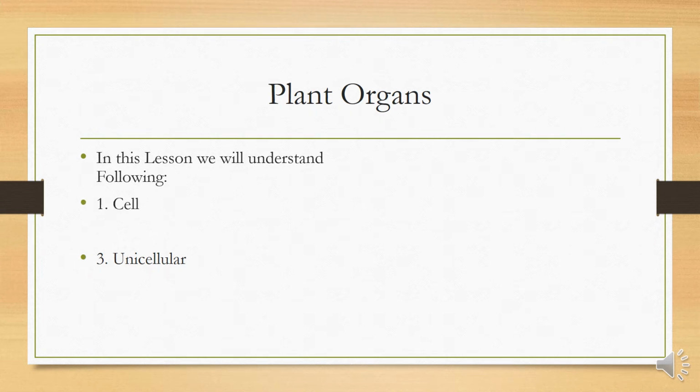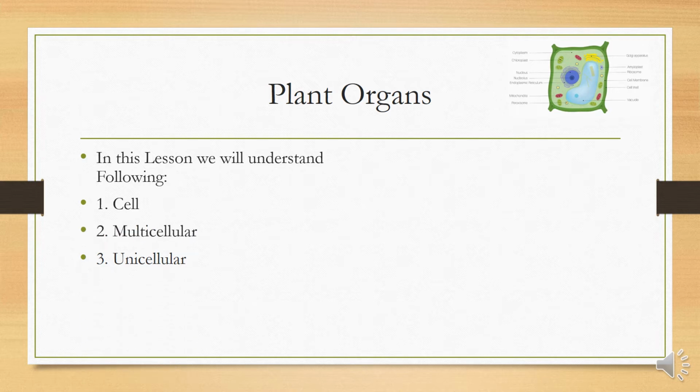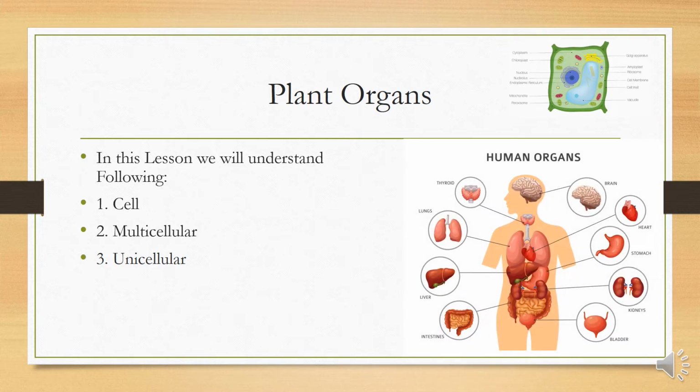In this lesson, we will understand the following. Number 1, cell. Number 2, multicellular organisms. Number 3, unicellular organisms. And tissues. Finally, the organ and organ system.